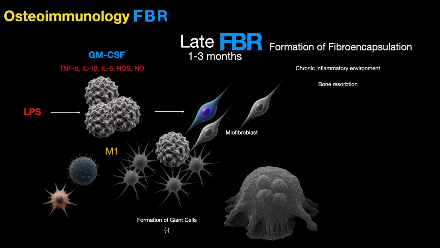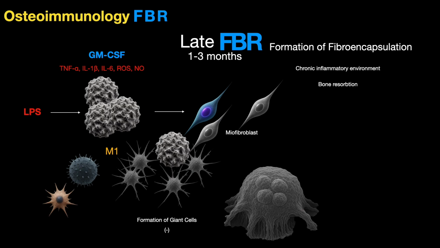If we have a lot of LPS, low oxygen level, mobility, inflammation, the macrophages won't change into M2 and they will remain inflamed. Such macrophages won't form giant cells, or will be less likely to form giant cells, and if they do, those giant polynuclear cells will be osteoclasts.